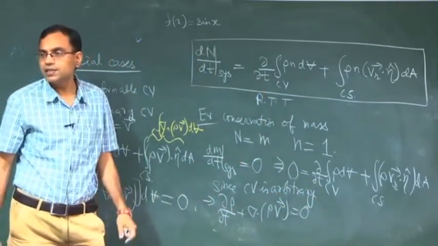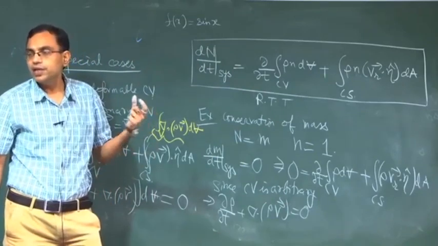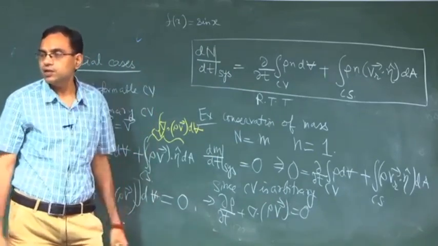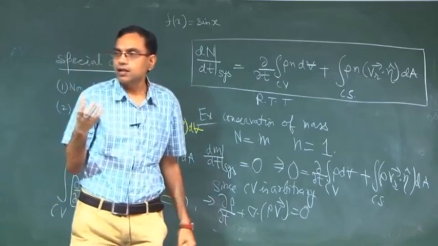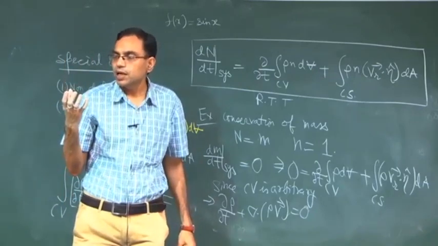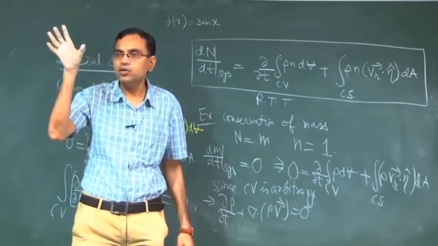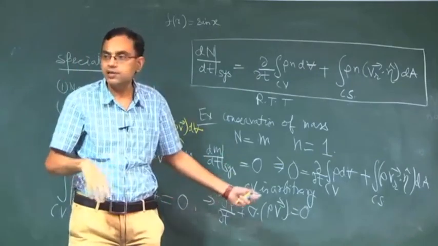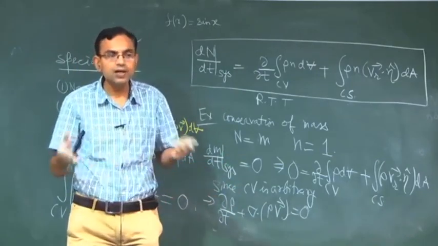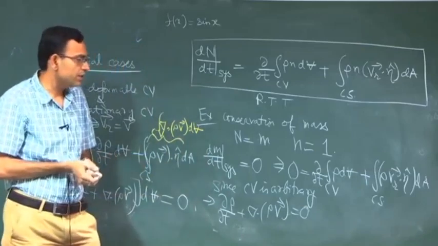So, in the class we have really used 3 approaches of deriving the continuity equation. One is the control mass approach, another is taking a box as a control volume, and the third is this Reynolds transport theorem, and we see that all these converge to the same continuity equation.